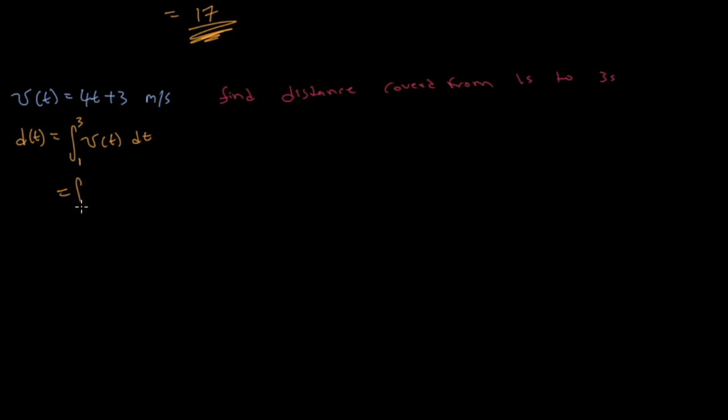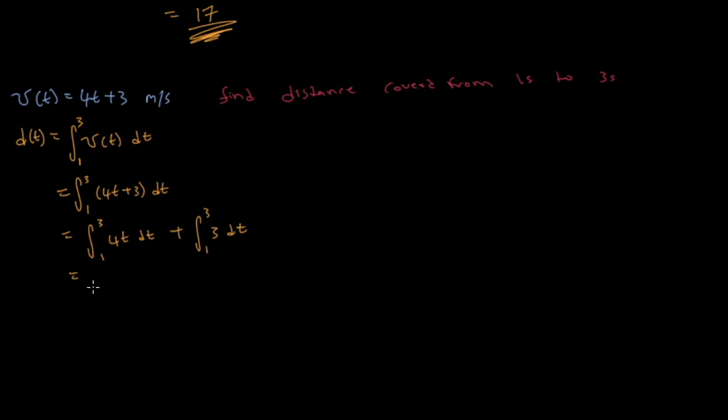So we'd go ahead and substitute our function in. So 4t + 3 dt. And then we would just go ahead and solve that. So that's also equal to the integral from 1 to 3 of 4t dt plus the integral from 1 to 3 of 3 dt.